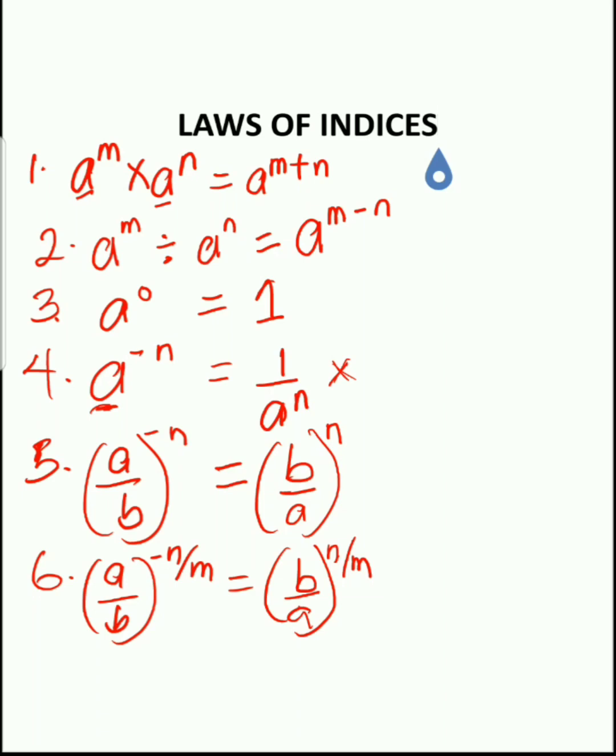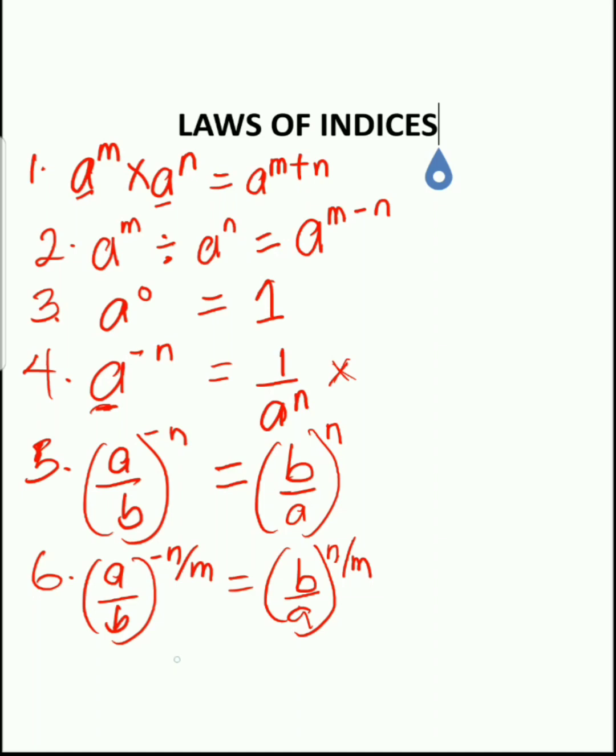And of course, the same way we change from negative powers to positive powers, we can also change from positive powers to negative powers, depending on the problem we are solving. If you need to solve a problem where the power is negative and what you have is positive, then you do the same thing.